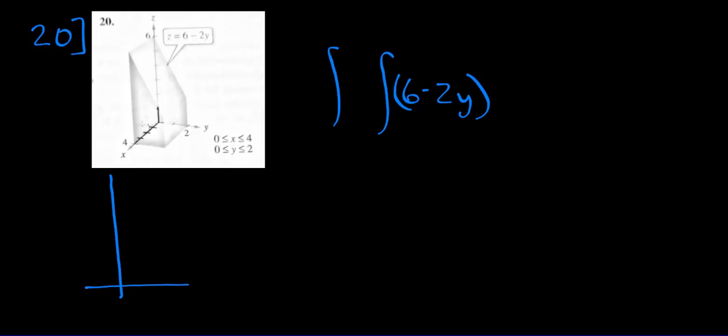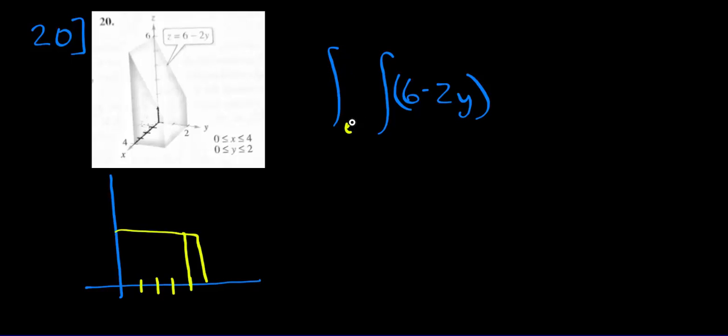So if you look down here at your base, you've got something that looks like this. So no matter what x is, no matter how you fix x, you're just going up to 4 on the y. So we could say, well, x is going to go from 0 to 2, or actually, I think I got that backwards.